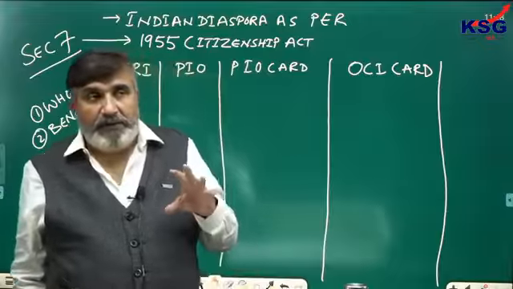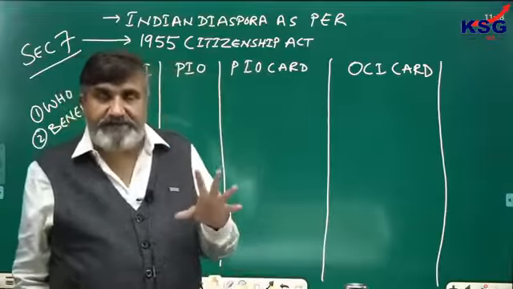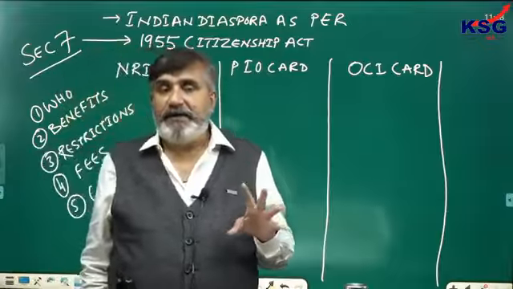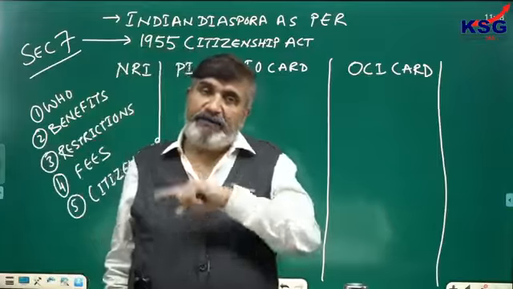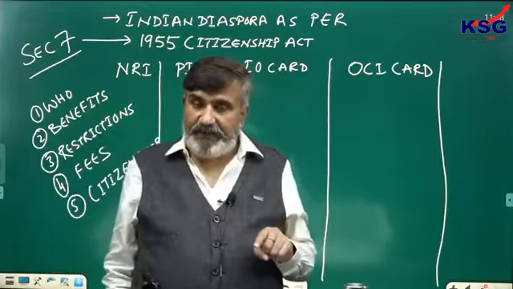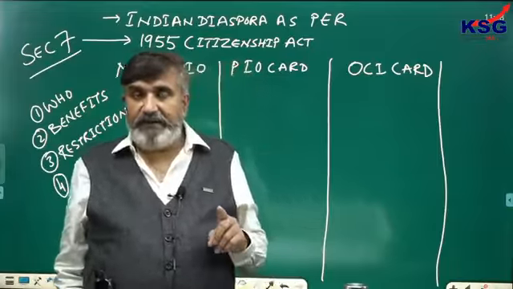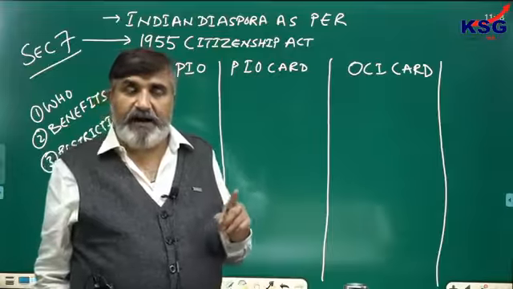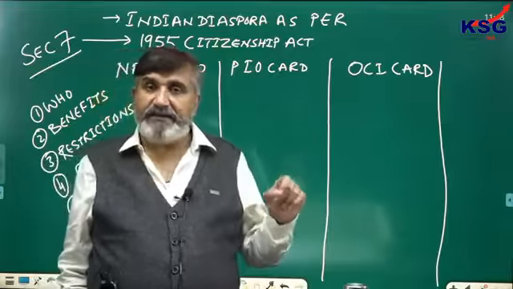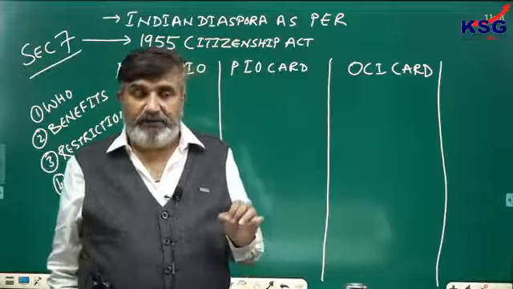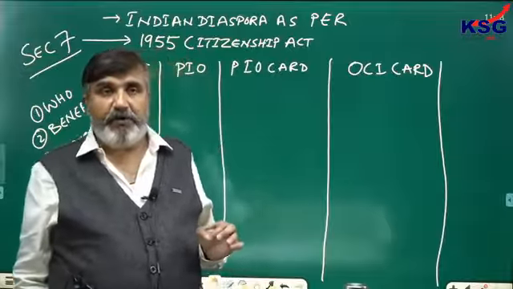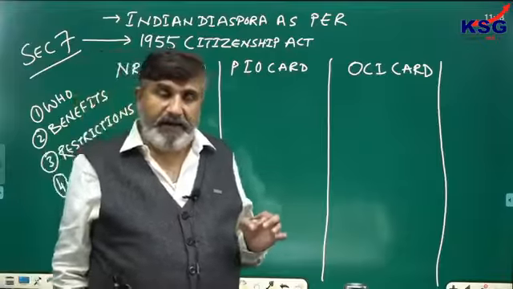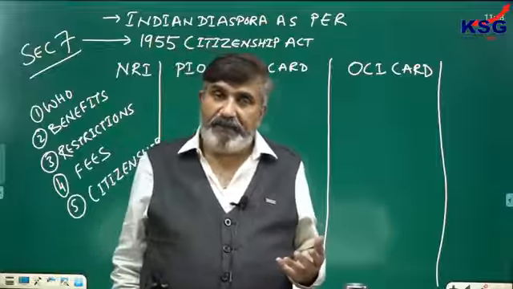Now, the names of these countries don't mean only neighboring countries. Recently, the government of India also added Iran in this list. So, it is the prerogative of the government. And how does the government do it?